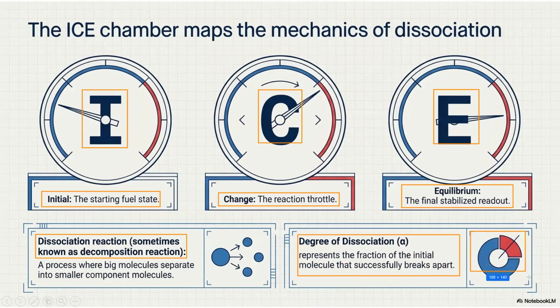So let's say the whole molecule is 1, and out of this one, only part of it, 2 over 10, is broken off. Your alpha is going to be 0.2 here, because 2 over 10 is broken off to form the product.